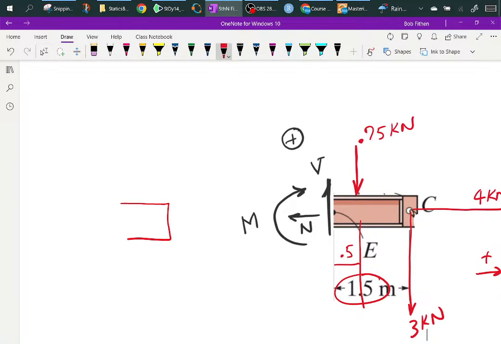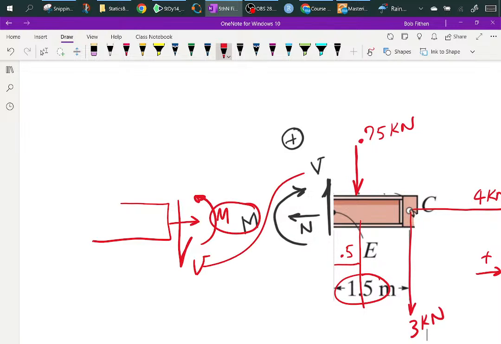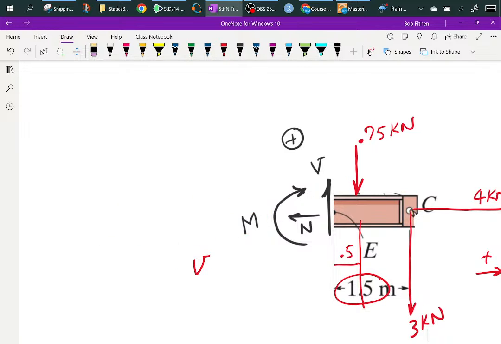Okay, so you broke it. And so what you get is this is the same V. This is the same M. These are the same. This is the same. And this is the same. So in other words, you broke it in your brain. You didn't break it physically, but in your brain, you broke the beam in half and looked at the internal forces. And it just depends on which end you're looking at.